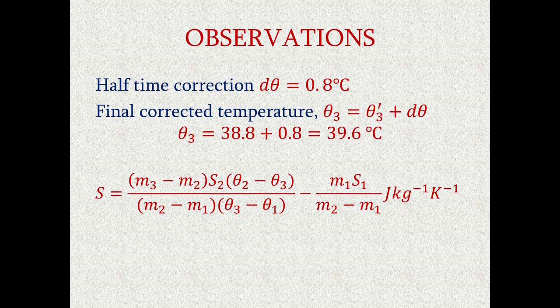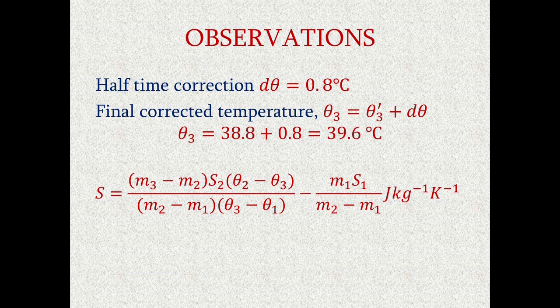This is the formula to calculate the specific heat capacity of the liquid, and it goes like this: S is equal to (M3 minus M2) into S2 into (theta 2 minus theta 3), the whole thing divided by (M2 minus M1) into (theta 3 minus theta 1), minus M1 S1 divided by (M2 minus M1), joule per kilogram per Kelvin.